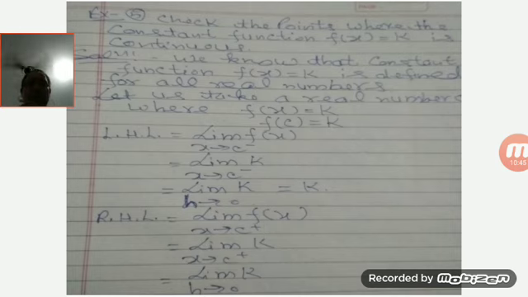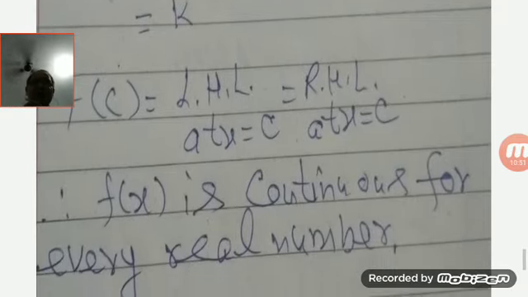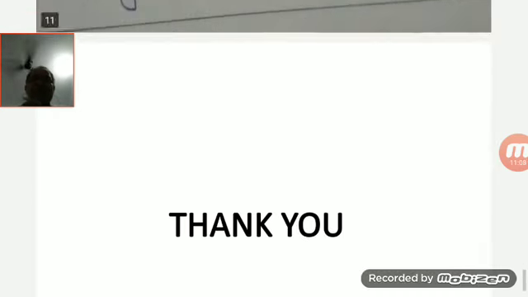So limit of k when h tends to 0 is equal to k. Now f of c is equal to the left hand limit at x equal to c, which is equal to the right hand limit at x equal to c. Therefore, f of x is continuous for every real number. In this way, we can say f of x is continuous for every real number.